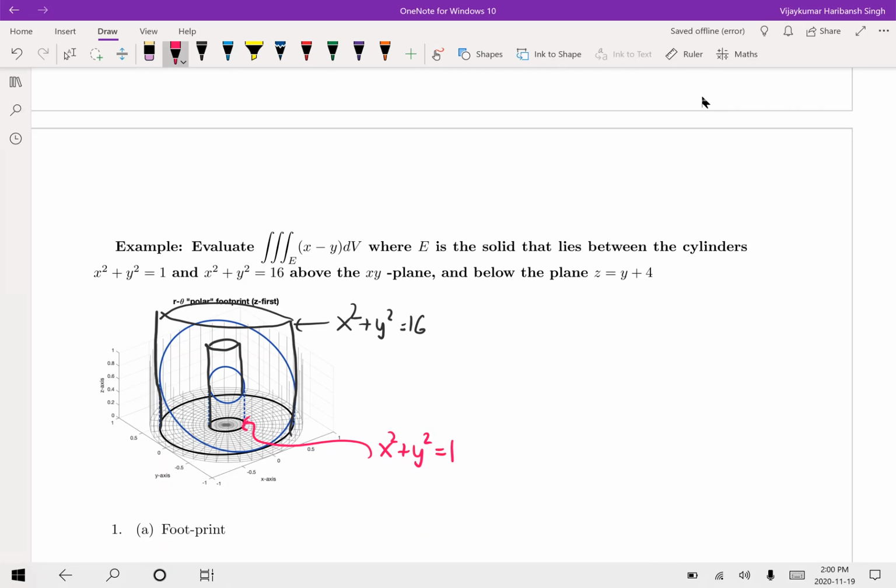And then you're cutting it with a plane of this form. So you get essentially this region, all right? What region? The region which is, so let me remove all this now.